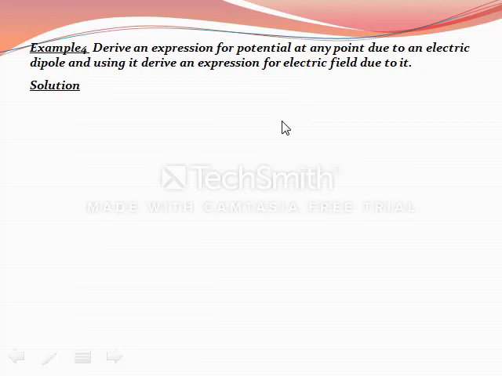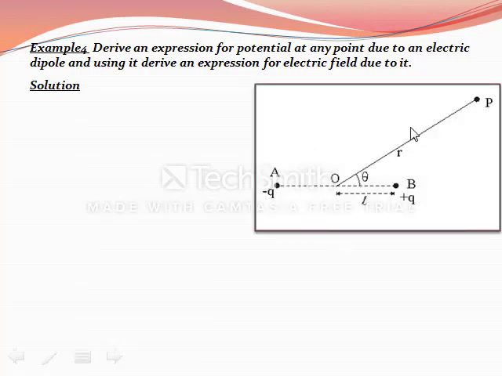So let's see the dipole first. It's diagram. This is the dipole where we have two charges, minus q and plus q, located at distance 2l from each other. And this is the point where we are supposed to calculate first the potential and then the field.